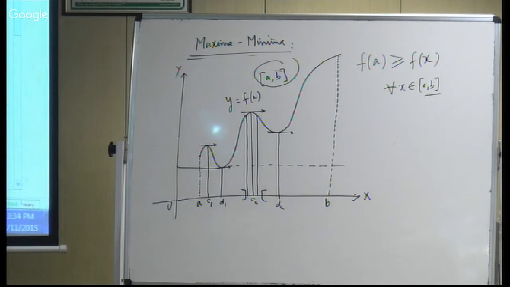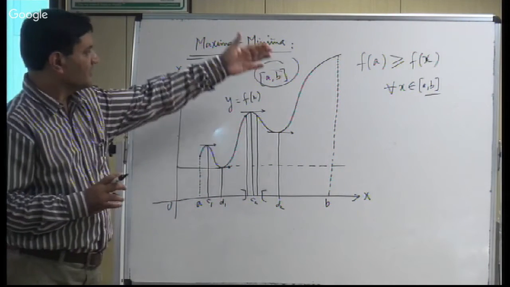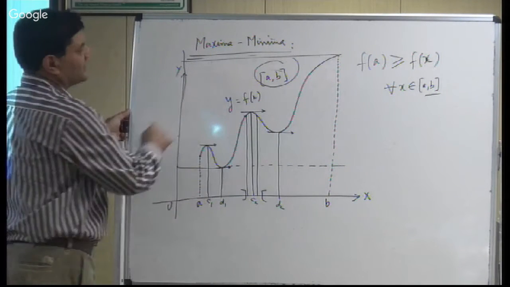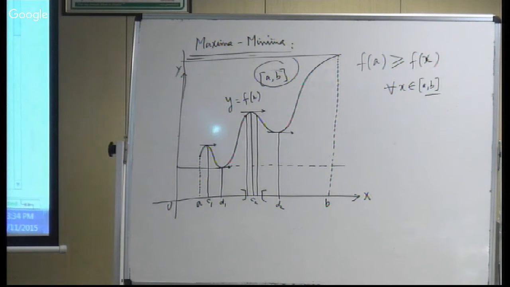Why is it a point of absolute minima, also known as global minima? Because it is in the entire domain in which the function is defined. And which is the point of absolute maxima here? B. x equal to b is the point of absolute maxima, because this is the highest or the greatest value which the function takes in the interval. Is that clear to you? The difference between local maxima minima and absolute maxima minima, right?